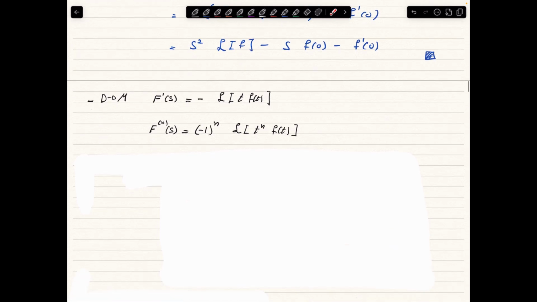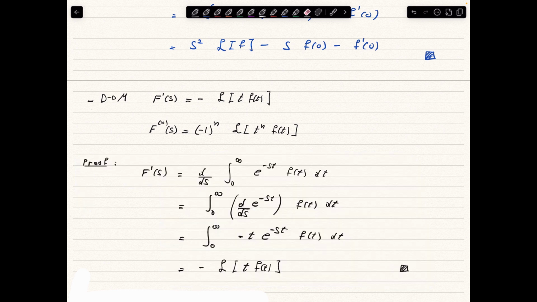We are not going to use this property in our calculation, so we don't focus too much on the proof, but here it is. The proof is simple for the first equation. Recall this prime is a derivative with respect to s, and then here we have the Laplace transform. So now this derivative can be written inside the integral because we are integrating on t, not on s.